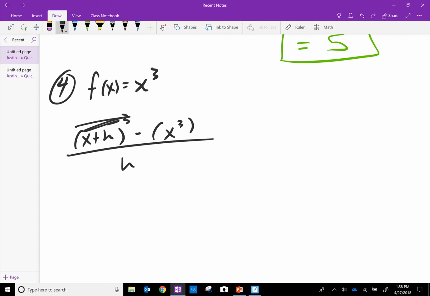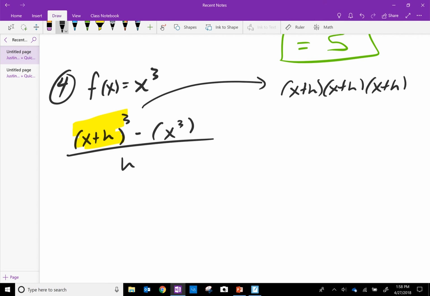When I expand this out, that's the same as x plus h times x plus h times x plus h. When I multiply these together using the box or just doing it in my head, I get x squared plus 2xh plus h squared. But then that needs to be multiplied by this. I'll do that with a box.